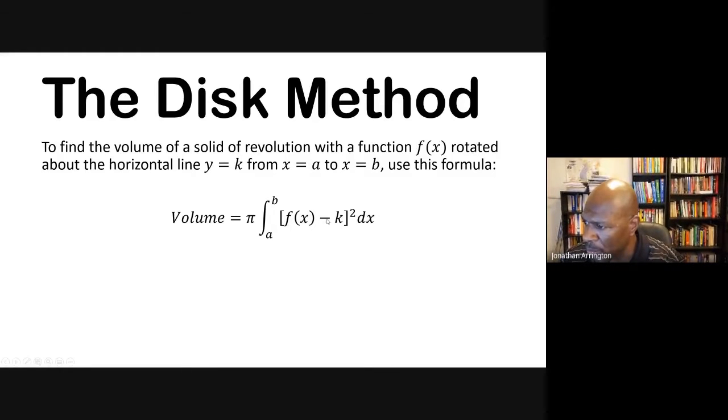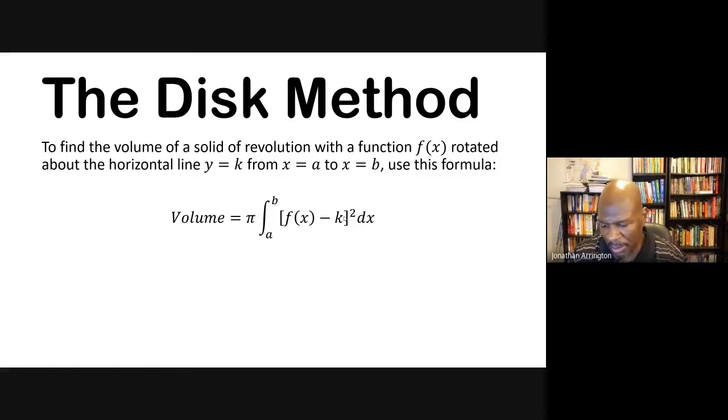But when k is not 0, it's going to be f of x minus k. The point I want to bring home is it's f of x minus k whole squared, not f of x squared minus k squared.